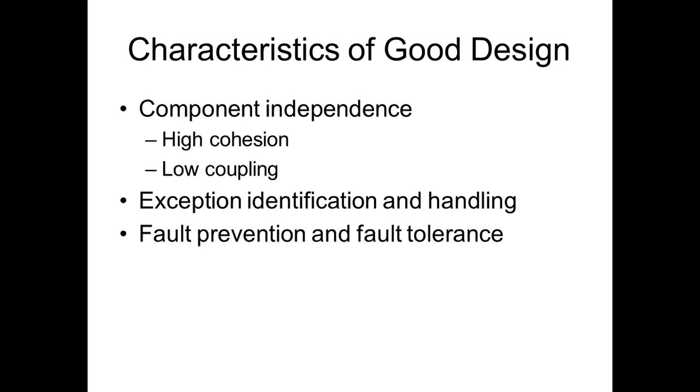Here, high cohesion, low coupling. If the components are independent, it indicates high cohesion and low coupling. So how the elements are connected to each other, or what the relationship is among various components inside the module, we indicate its strength with the help of cohesion and coupling.